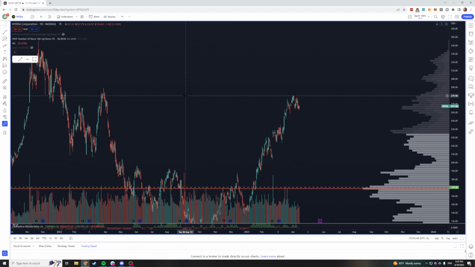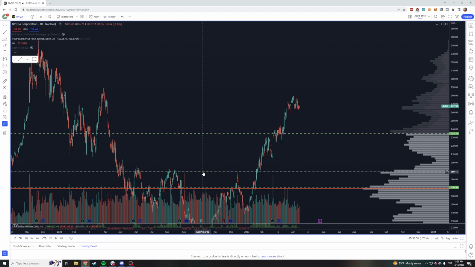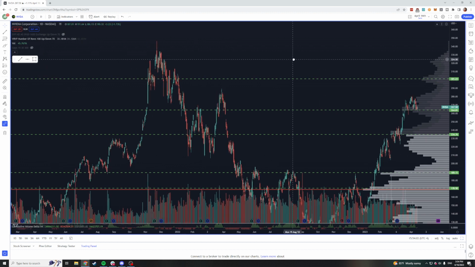I'll share this after I redo this, but it looks like I was. But yeah, I would still look for downside on NVIDIA if I was an NVIDIA gambler. Interesting stuff.